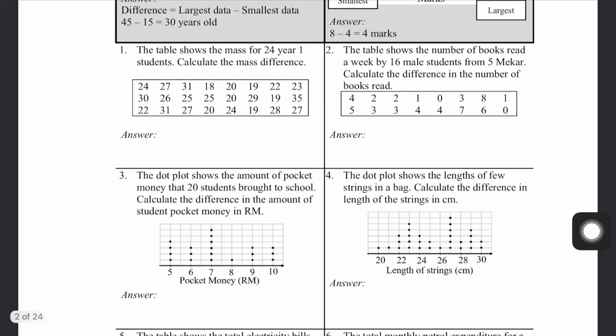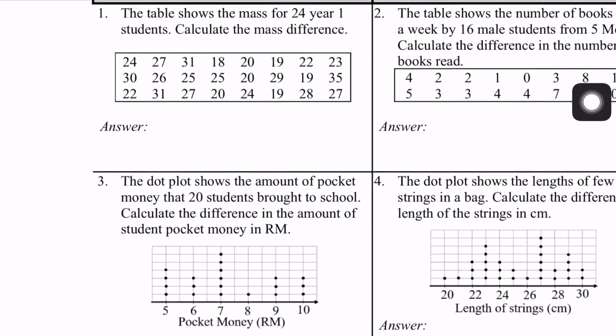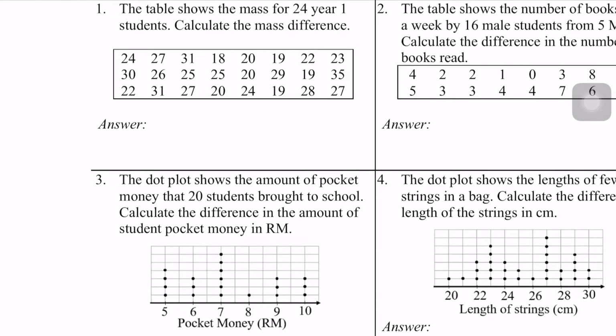Okay, so let's do question number 1 together. The table shows the mass for 24 year 1 students. Calculate the mass difference. So we have a set of data over here, 24 year 1 students, so there are 24 data. The question wants us to calculate the difference, so we need to find the highest minus smallest.